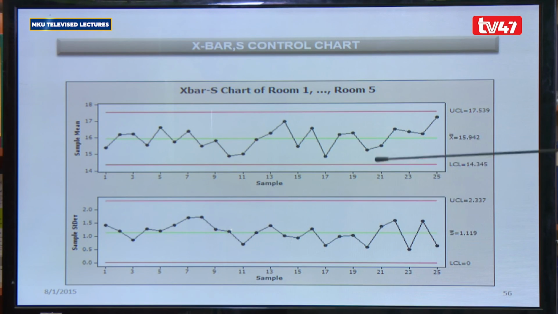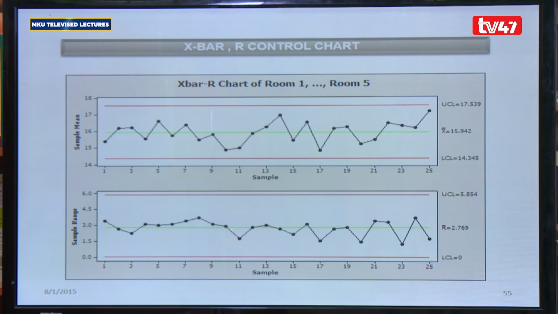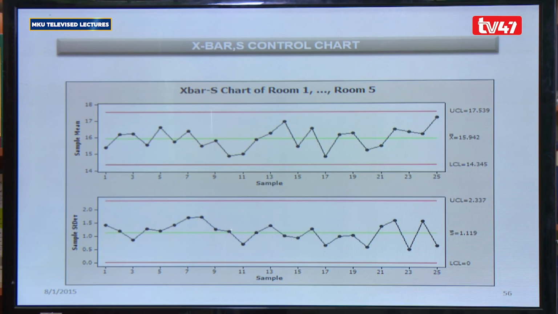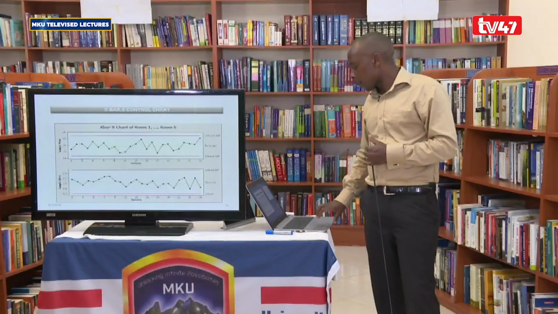We can replicate this type of chart for any given measurable variable that can be obtained from the production process.